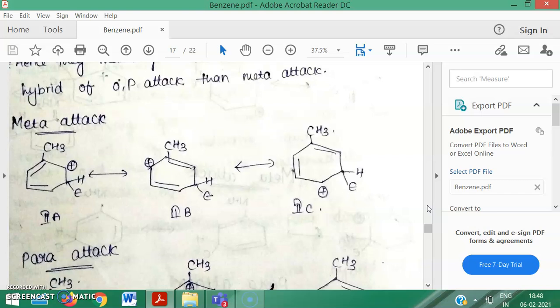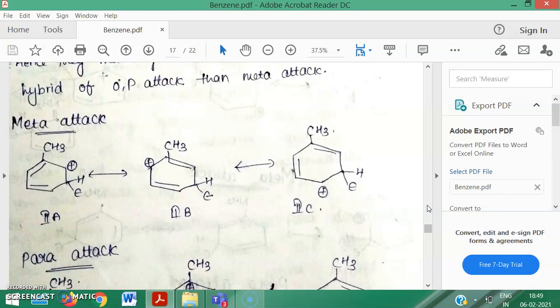Simply, CH3 alkyl groups donate electrons by the inductive effect, whereas NH2 and OH groups, which have lone pairs of electrons, give electrons to the benzene ring by the resonance effect. By this they can activate or deactivate. Deactivating groups are NH3 plus and COCH3 type compounds. They can deactivate the ring by the resonance effect and also by the inductive effect.